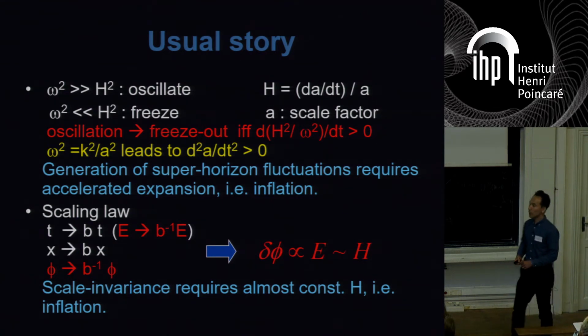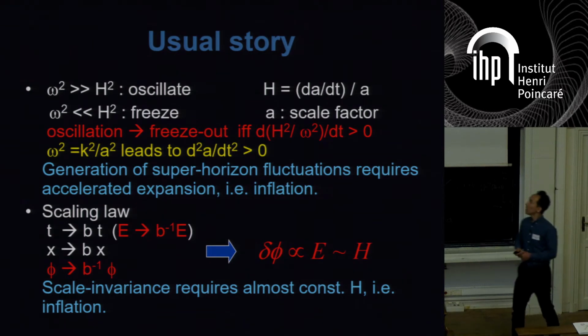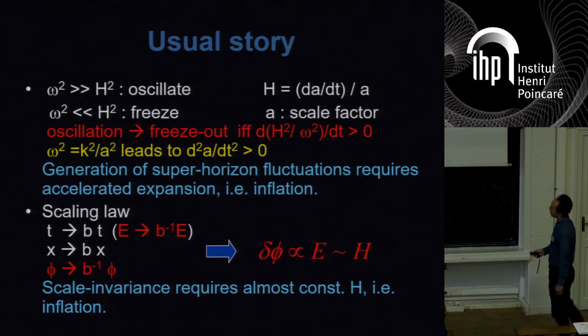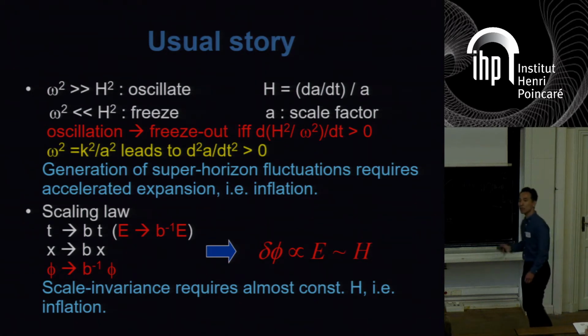If the fluctuation is created at an earlier time, then there is a lot of time to expand, so that corresponds to a large scale. And the mode that is created at a late time has only a little time to expand, so that corresponds to a short scale. And so this means that the amplitude of this at a fixed time should be the same. Namely, Hubble must be constant. And Hubble is defined by this. By setting this to be constant, we have an exponential. That's why we need inflation.